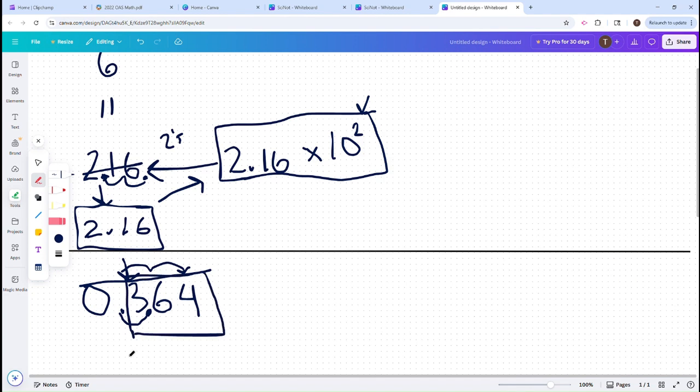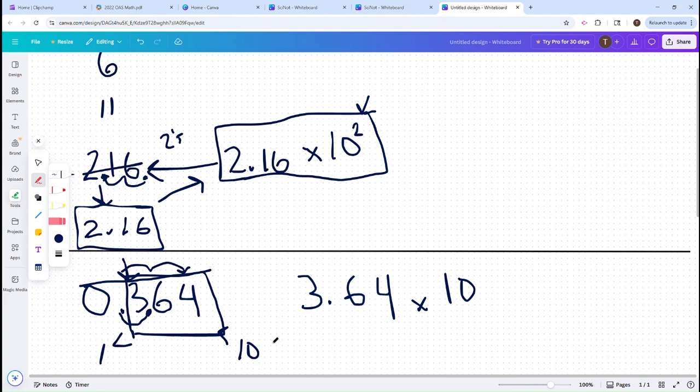It is between 1 and 10. 3.64 is bigger than 1, right? But it's smaller than 10. So that's the number, that's A. That's the A. 3.64. This times 10, just write it.